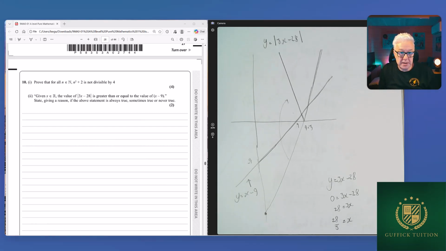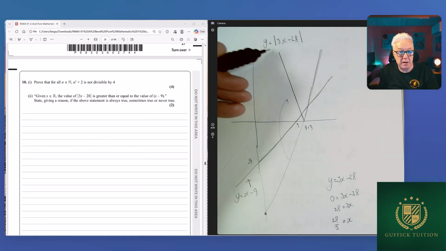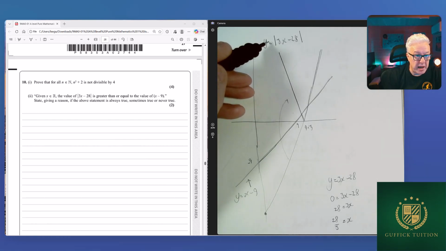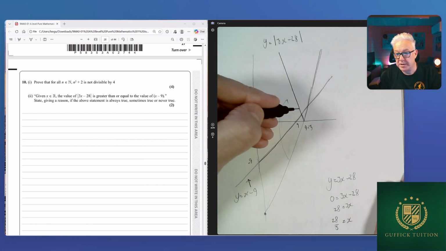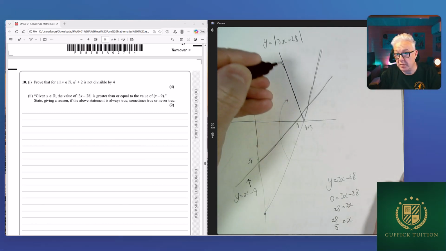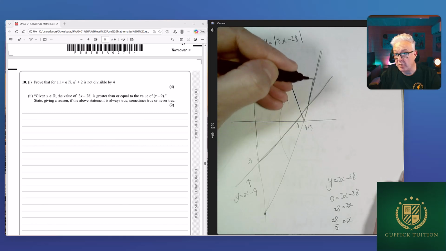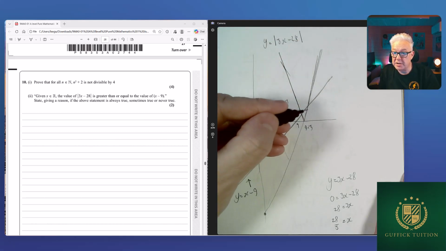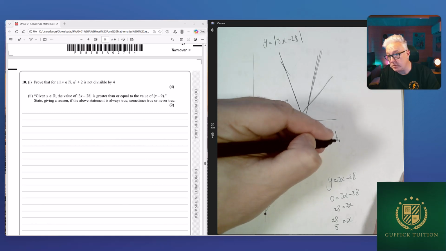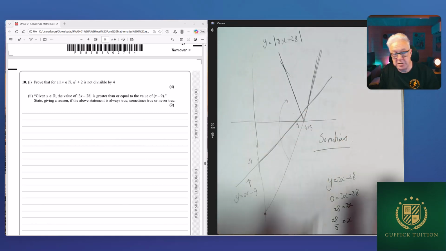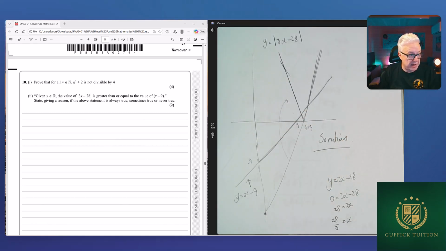So is it always true, sometimes true, or never true that this curve is greater than or equal to this curve? We can see that it's sometimes true because it is greater than or equal to here, and here, but not in this region. So we would say that it is sometimes true. We wouldn't need to state where it's true; we can just see from the graph.